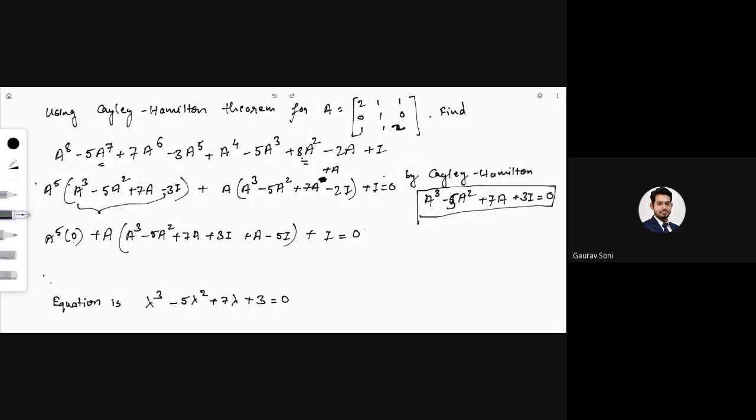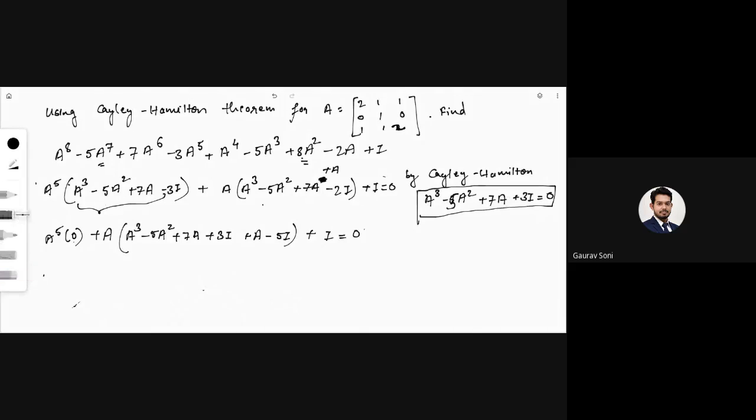Sir, there is minus 3I in the first bracket. So our equation is A cubed minus 5A squared plus 7A plus 3I equals 0. Here in the bracket it's minus 3I. So how can it be 0? Is it plus 3I or minus 3I?